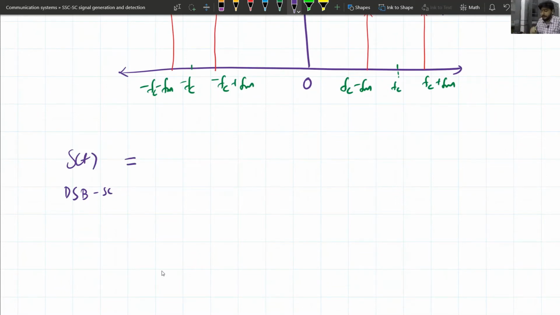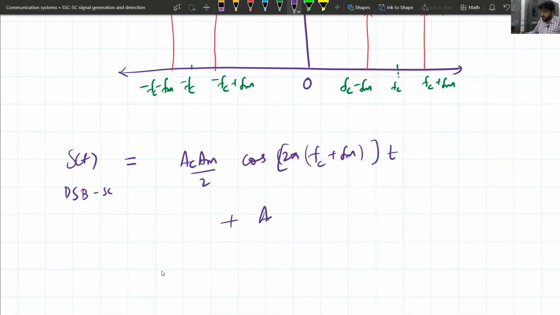Once again writing the time domain equation as A_C times A_M by 2 cos 2π(f_c + f_m)t plus A_C times A_M by 2 cos 2π(f_c − f_m)t.